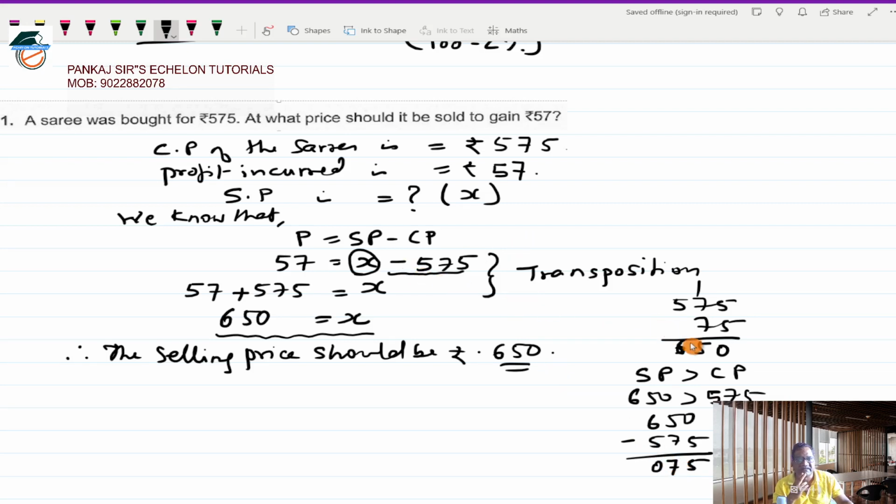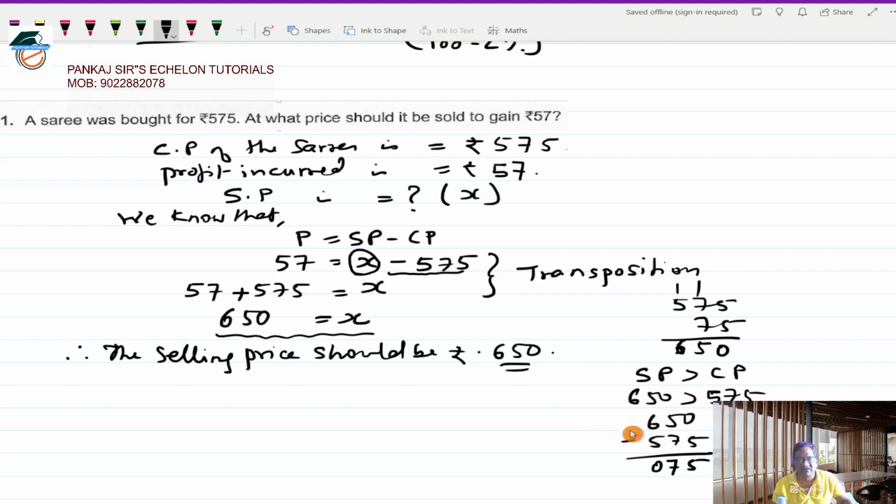This is 5 plus 5 is 10, 0. 1 carried here, 7 plus 7 is 14, 14 plus 1 is 15, 5 and 1 here. 650. 650 minus 575 works out to 75. Here the profit given is 57, isn't it? Yeah. So profit is 57, selling price is X, and cost price is minus. This has to be 650.